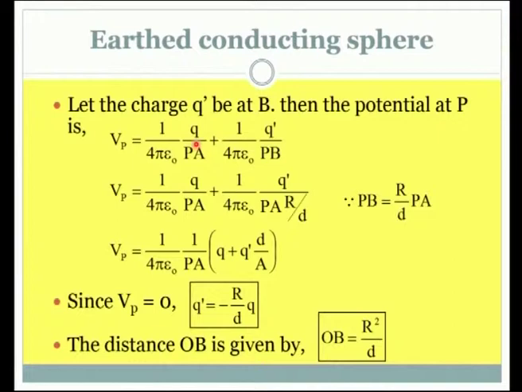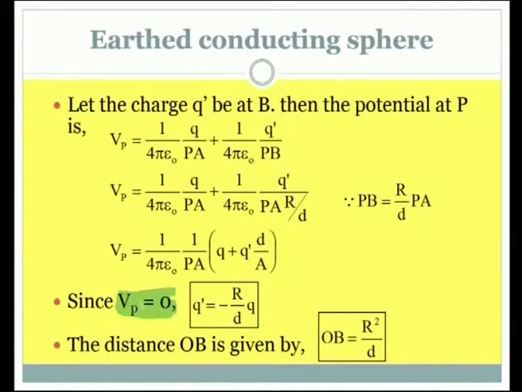So, from the point charge Q and from the point charge Q dash, we have taken the distances and the potential at the point is considered, and we do the simplification based on the geometry, and we have this condition which is a vital condition which I have been telling again and again. The potential at all points on the sphere has to be 0. So, the Vp has to be equated to 0, the potential at the point P.